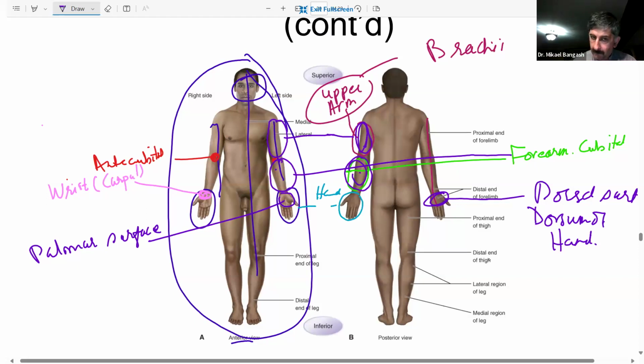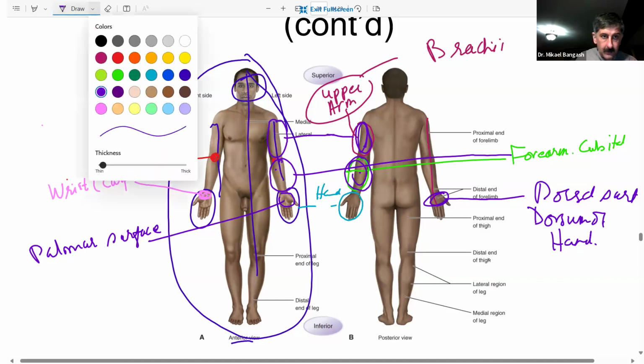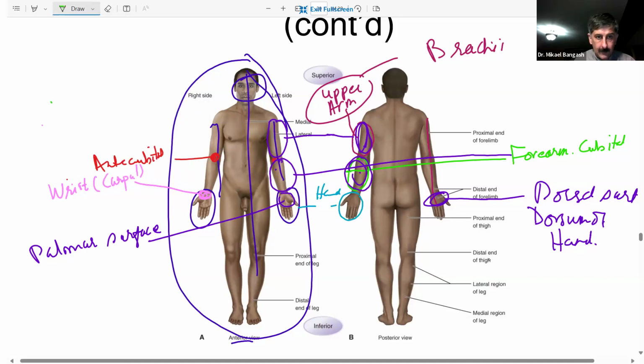What we may see next is the axillary area, this area here.